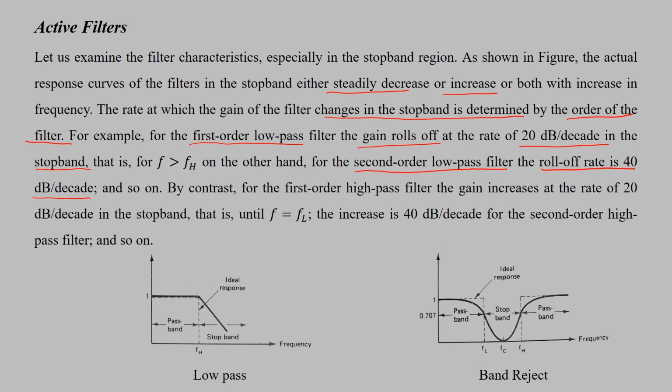The roll off rate will increase by 20 dB per decade or 6 dB per octave. So for a first order high pass filter, the gain increases at 20 dB per decade in the stop band, or for a second order this increase will be 40 dB per decade.